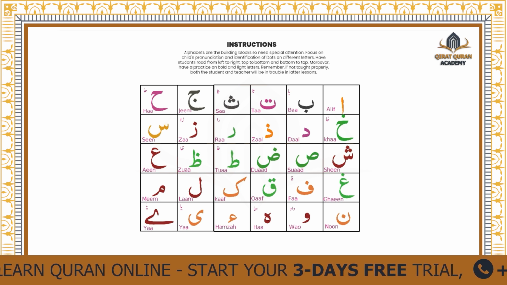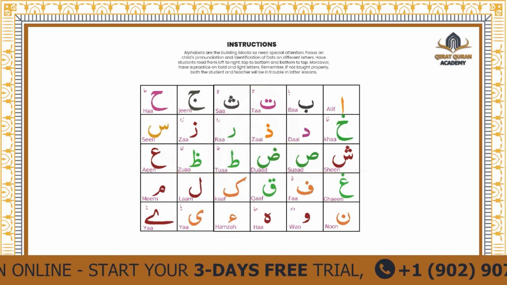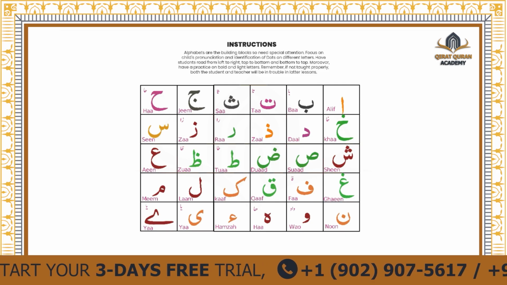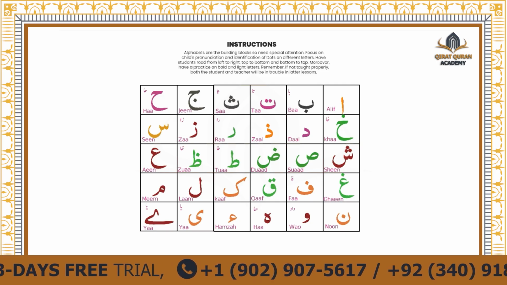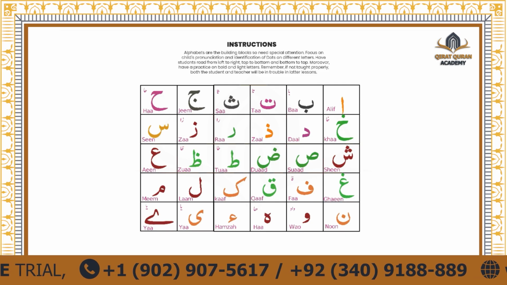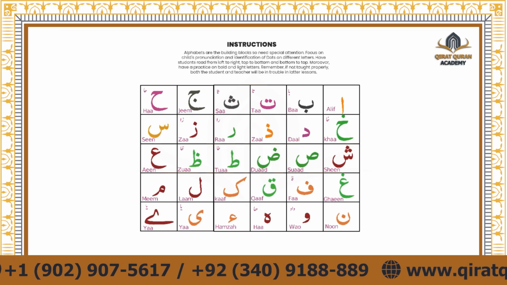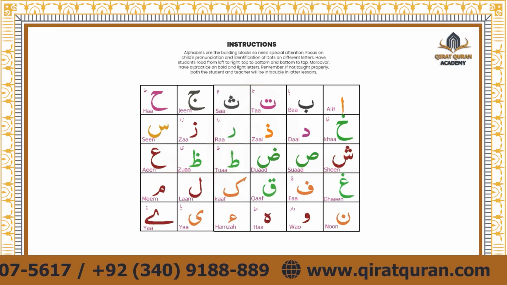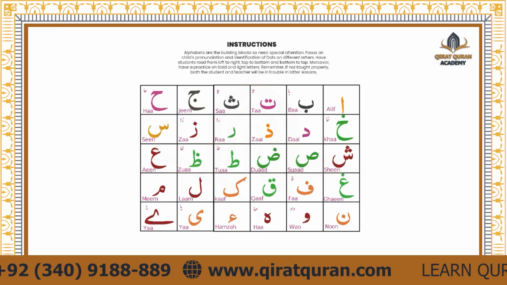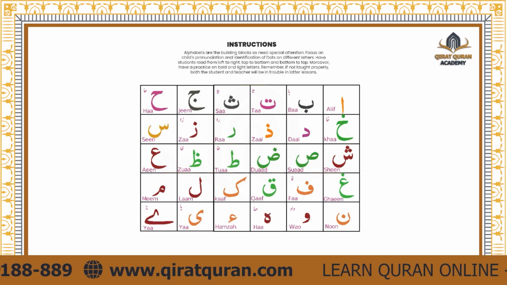Now, from this lesson, inshallah, we will read when two letters or more than two letters connect with each other. So how do they look, and how can we recognize those letters.